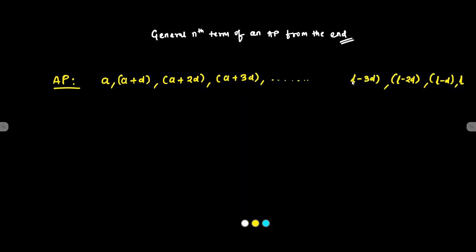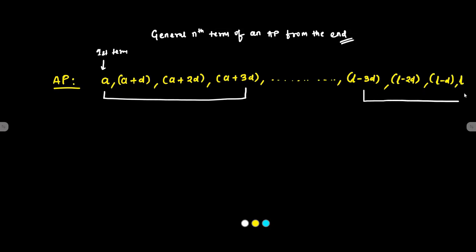Like this. So this is from the beginning, the first term. This is from the last, from the end. This is the last term of the arithmetic progression. And here the same common difference of small d is maintained throughout.